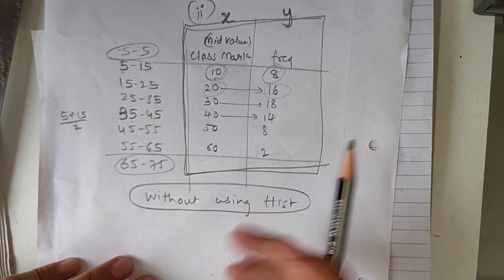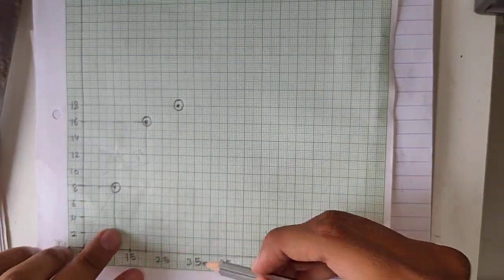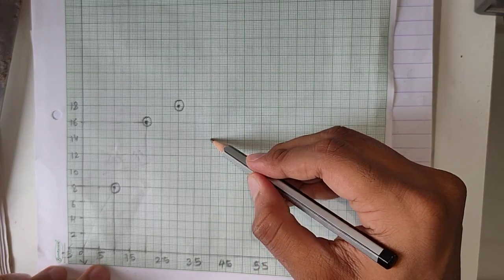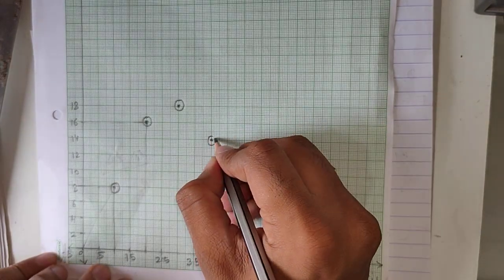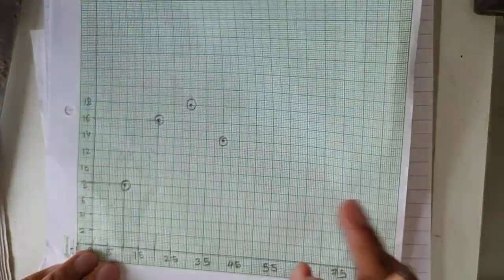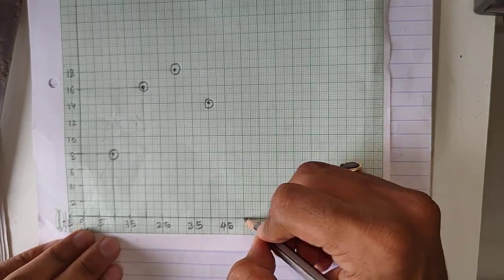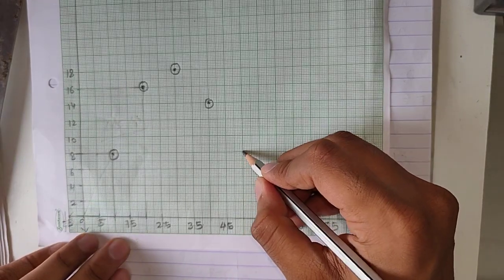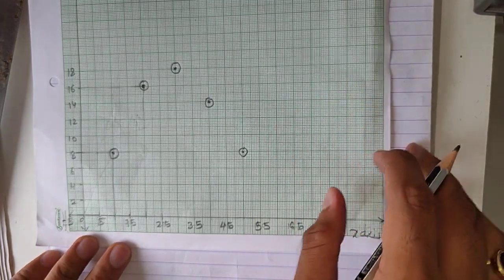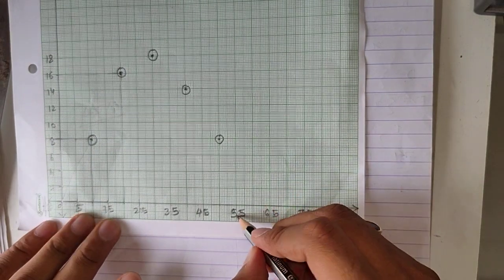30, 18 is done. Now 40 and 14. This will be the point. Then next is 50 and 8. This is 50 and this is 8. This value 8 is repeated. 60 is 2, between 55 and 65.